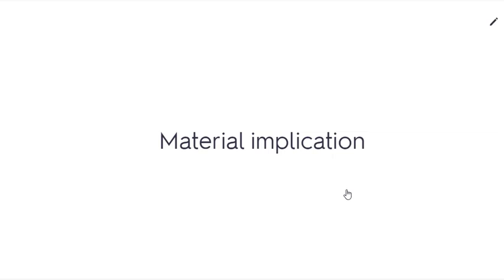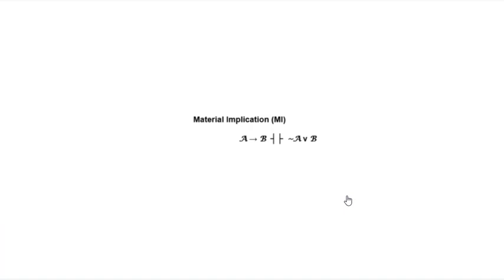Okay, material implication is an equivalence between the conditional and the disjunction, an equivalence that we actually described when we were using truth tables and explaining the truth conditions of the conditional in terms of the truth conditions of a disjunction. It tells us that if A, then B is logically equivalent to not A or B, and of course vice versa.